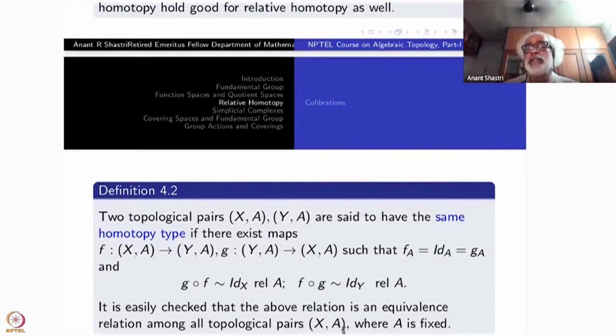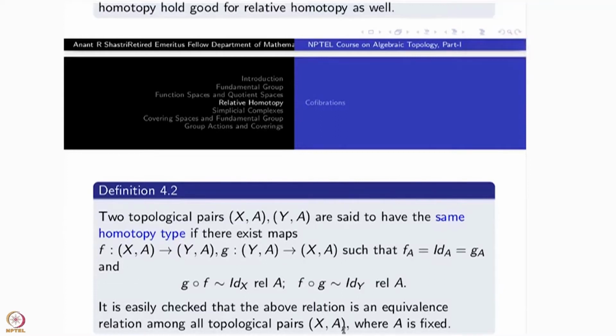Then you have this equivalence relation, whether they are homotopy equivalent to each other relative to A. That will be an equivalence relation, and such classes are called homotopy types.